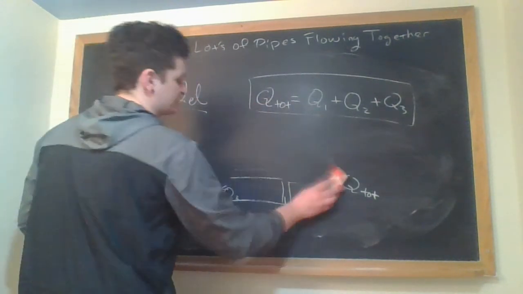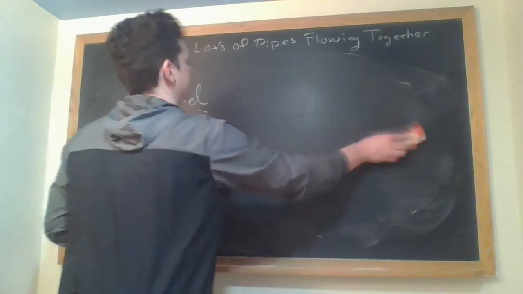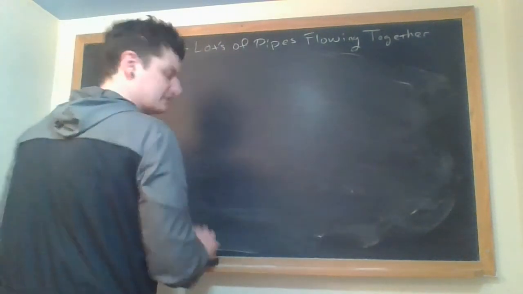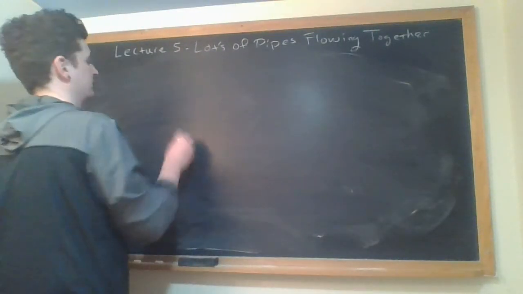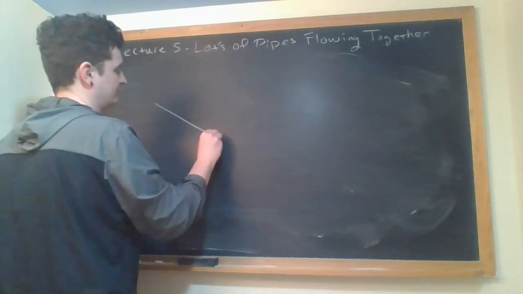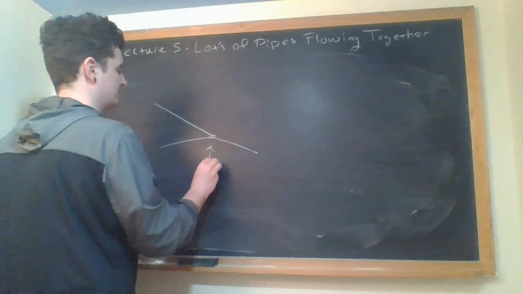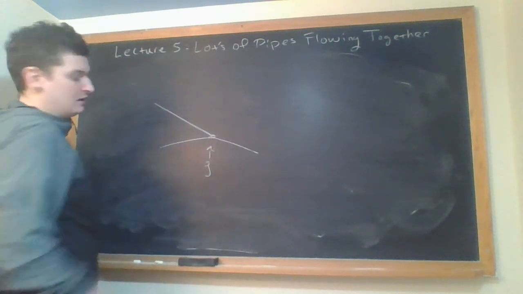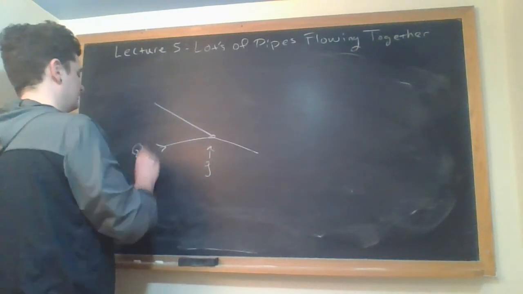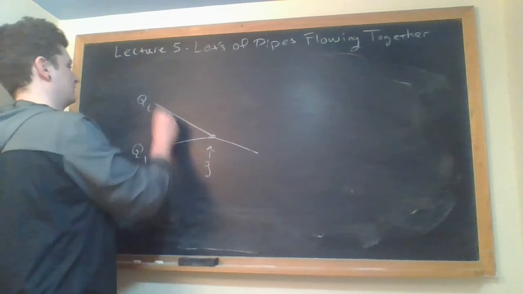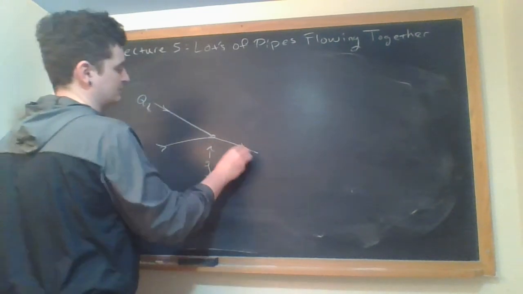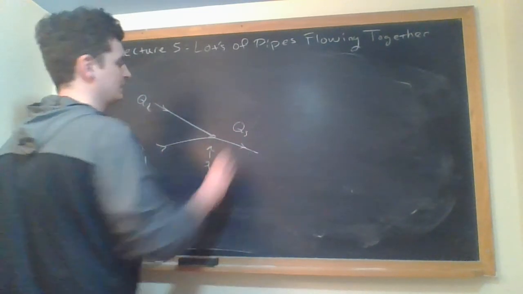And then for the junction, we just have a special rule, which is a specific case of the parallel rule. If you have a bunch of pipes going to some type of junction point J, here's Q rate 1, Q rate 2, and let's say this is actually Q rate 3.